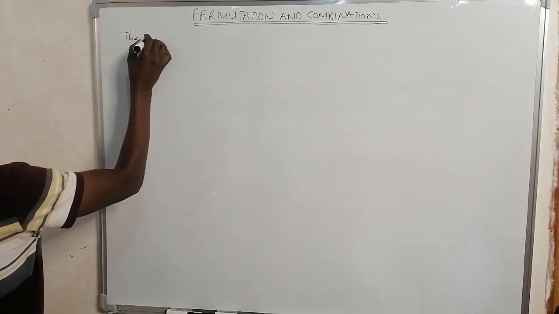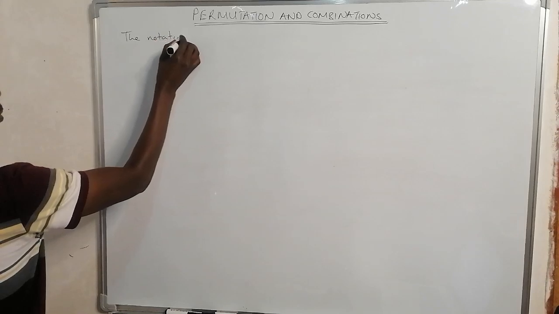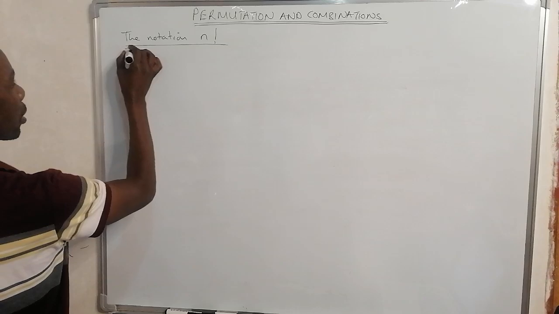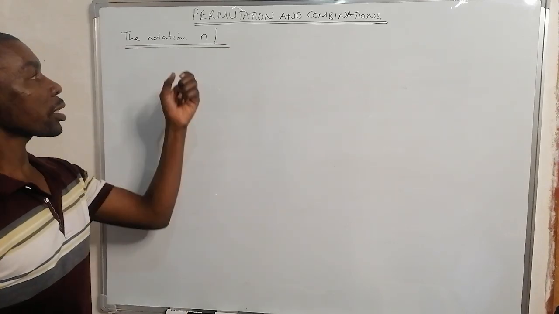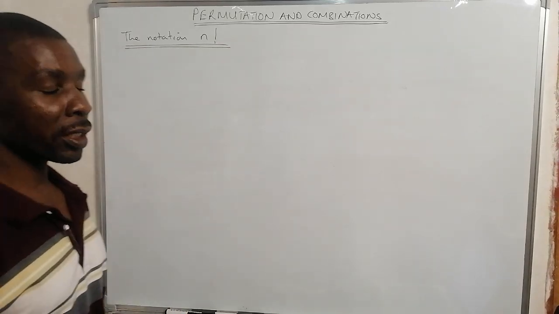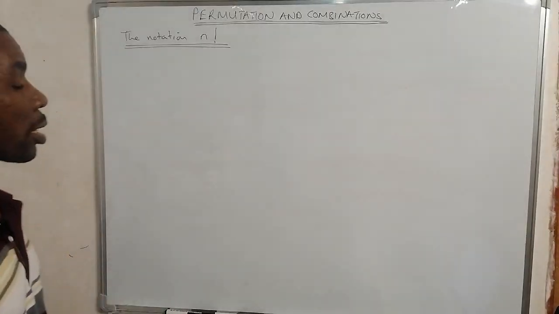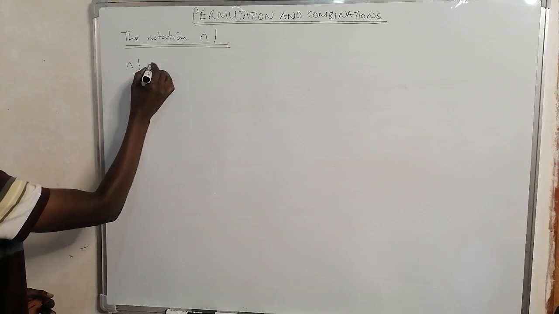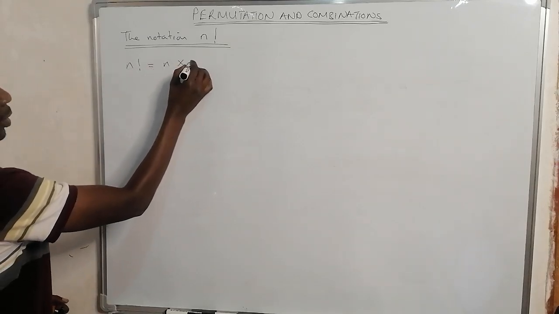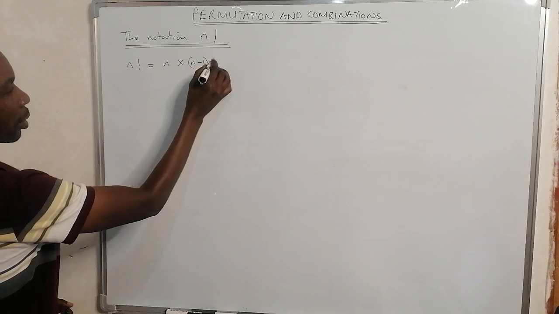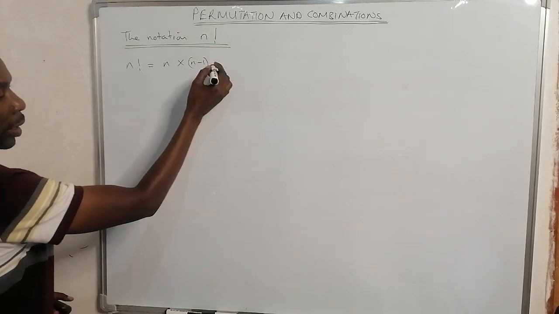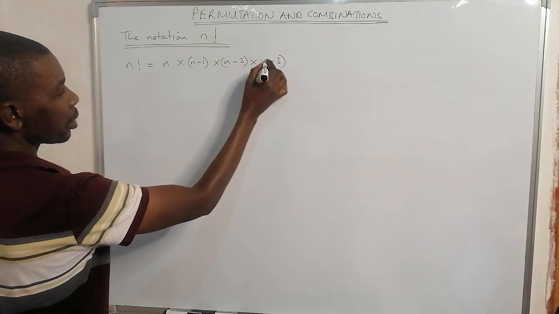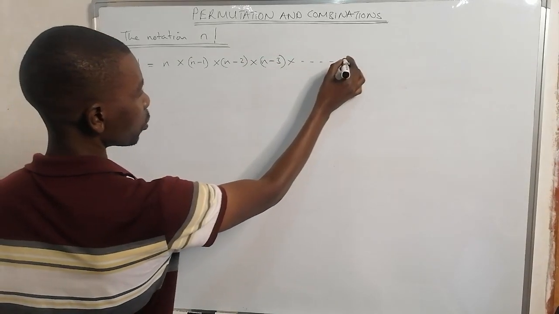We will use this notation whenever we are dealing with permutation and combinations. n factorial is the same as n times n minus 1 times n minus 2 times n minus 3, and so on up to 1.